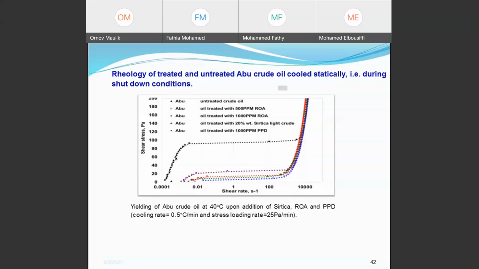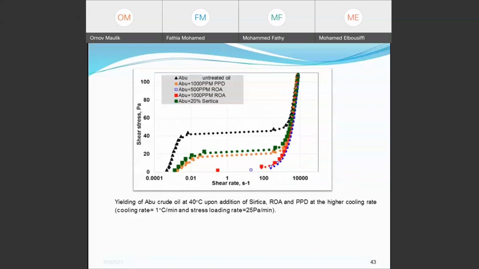And here is another figure, at 40 degrees centigrade, treated with the ROA and BBD.